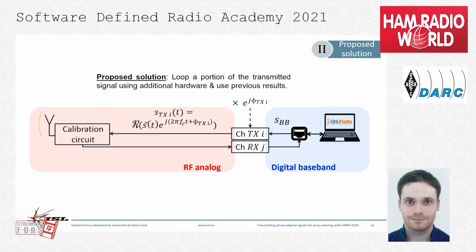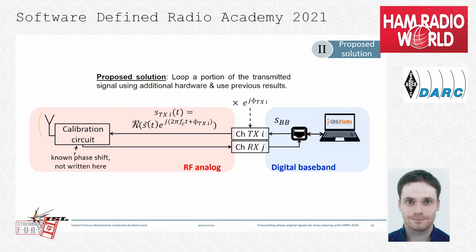So part of the signal is going to be looped thanks to the calibration circuit, and we will not write here the terms due to the passive RF components, as they are deterministic, can be measured beforehand, and are just going to make the equations harder to read.